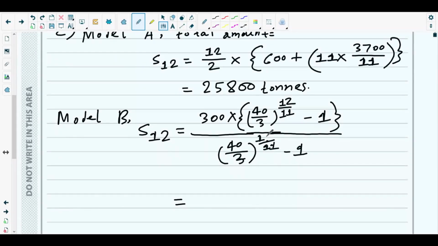Okay, so 40 over 3 to the power 12 over 11 minus 1 times 300 over 40 over 3 to the power 1 over 11 minus 1.